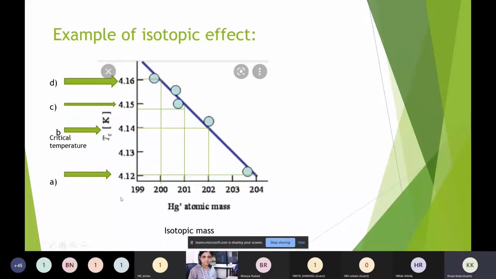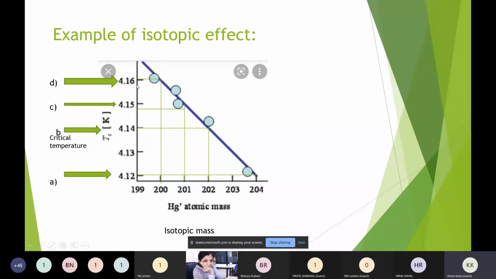Let us first look at the position A. Here at the position A, when the isotopic mass is 204, the critical temperature is 4.12. Whereas if we look at D, it shows that when the isotopic mass is 200, the critical temperature is 4.16.